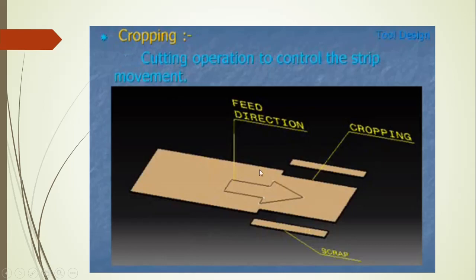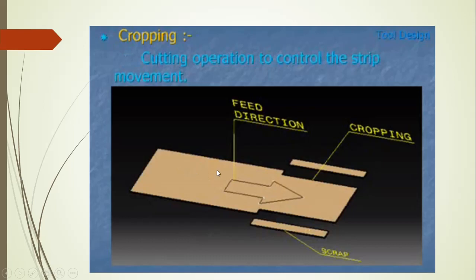If the particular sheet metal has a wide surface area, this is the length of the sheet and this is the width, okay, and if you have to fix that sheet metal below the punch and above the die, then to restrict the movement of that sheet metal, we have to cut the sheet metal in such a manner that it will be stuck due to that cropping operation.